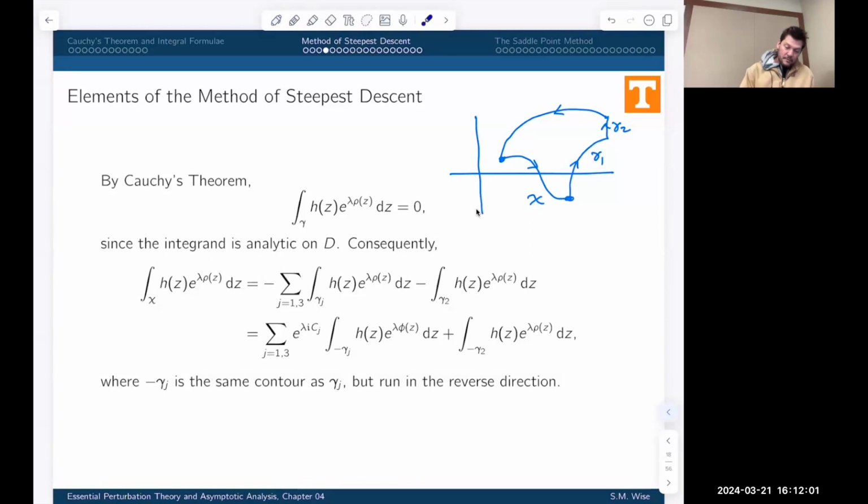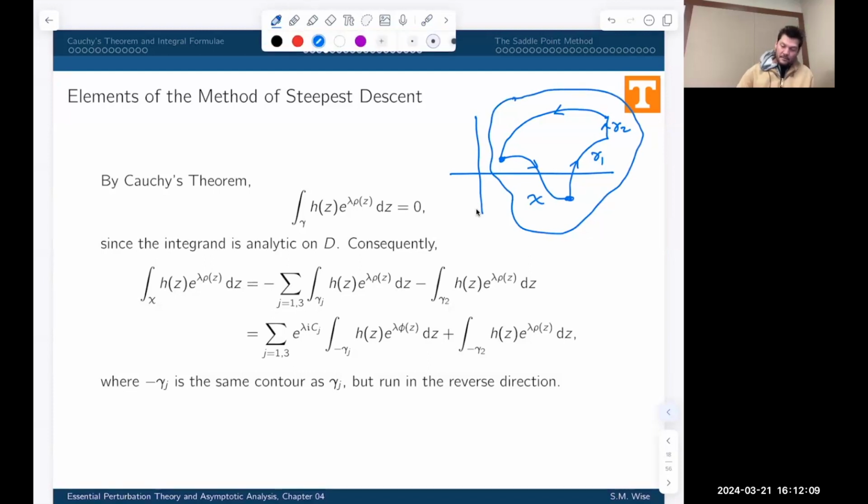Now, this new contour lives inside some bigger set D, and on that set our assumption is that the integrand is analytic. Remember, here's our integrand.